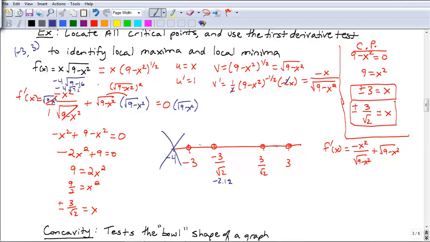So how about negative 2.5? I'm just going to plug it in and see what I get. Plug it into the derivative, f prime of negative 2.5.